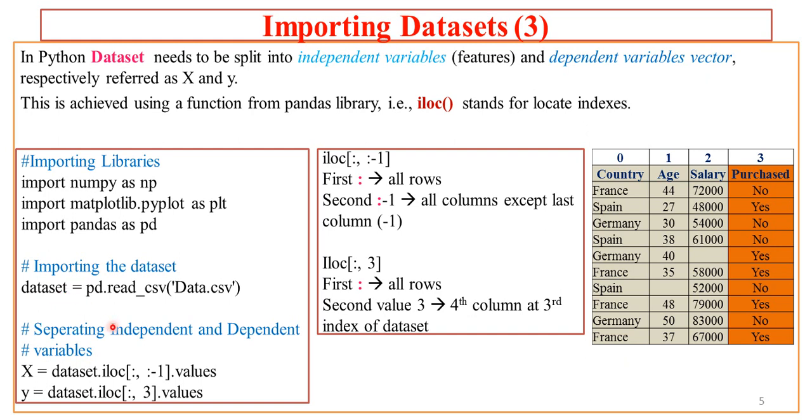Now here we need separation of the independent and dependent variables. This is done using two variables. I have used capital X as the variable for the independent feature vector and small y as the variable name for the dependent variable vector. In our case, we want to put those features in X which are independent, and in y those features which are dependent.